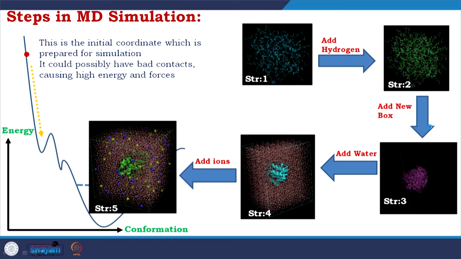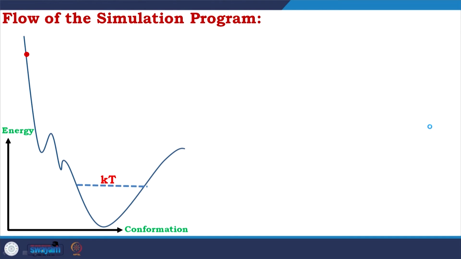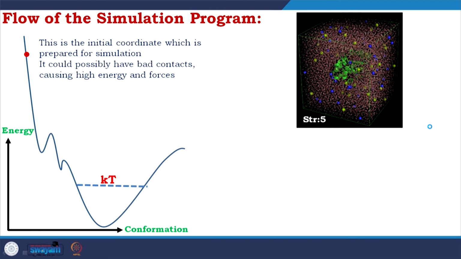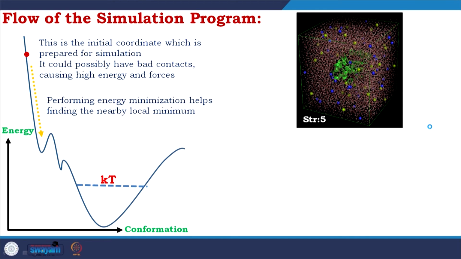From there we should possibly have bad contacts, so we have to do minimization. So we start with the system and we go for energy minimization, which helps find the nearby local minimum.